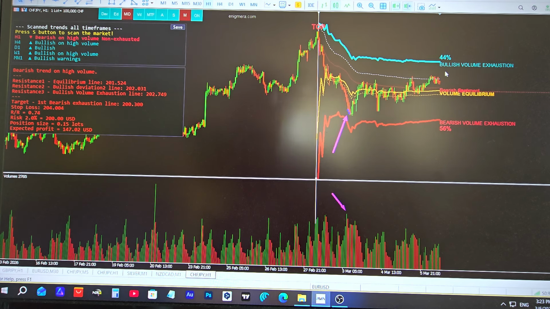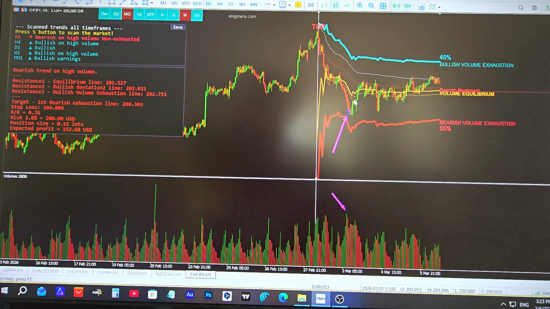But you must be very careful if you see that in this area over the volume equilibrium some volume appears that does not touch the volume equilibrium. What does it mean? That means we will have a bullish volume here.